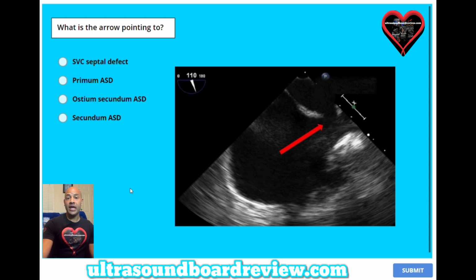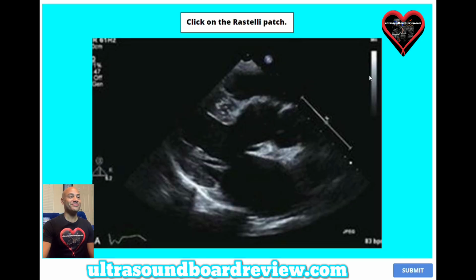This view represents a bicaval view using TEE, or transesophageal echocardiography. Over here we have the SVC, and the IVC is not shown, but it would be over here. This is a superior vena cava septal defect. Question 105. Click on the Rastelli patch.